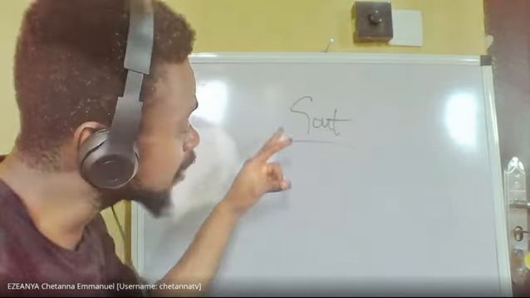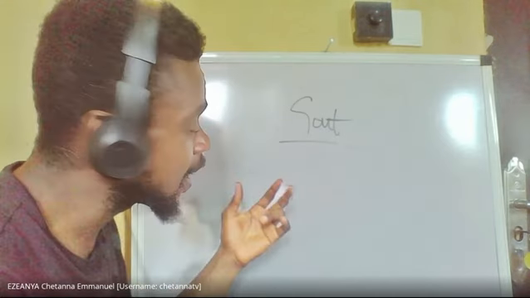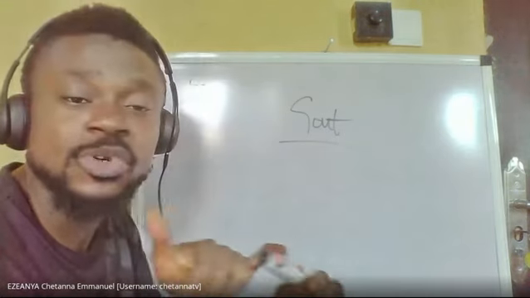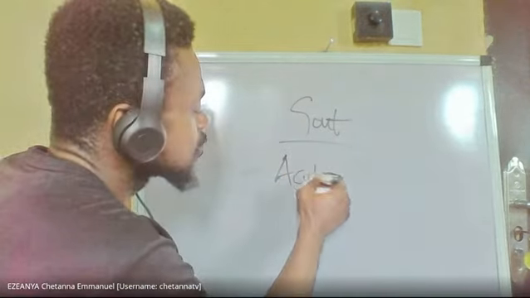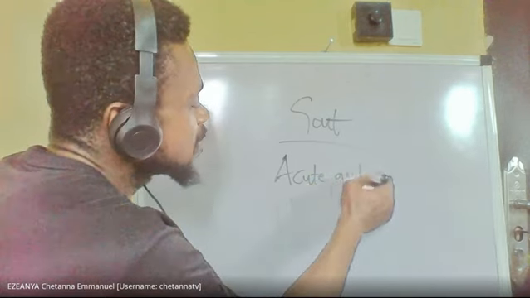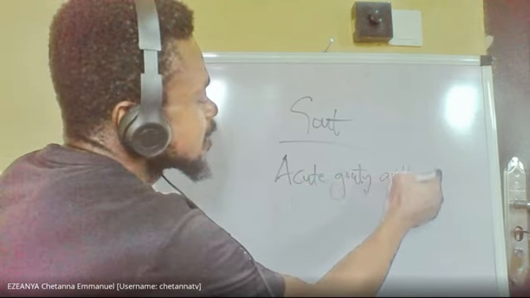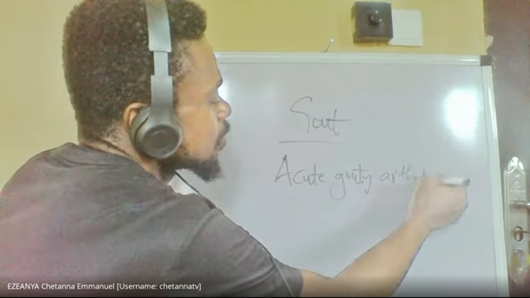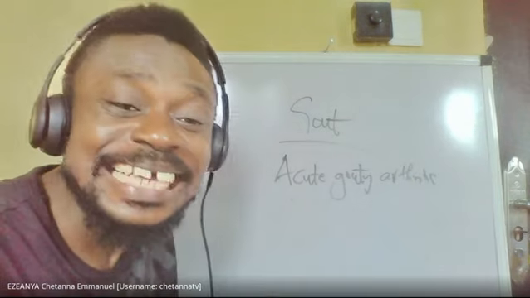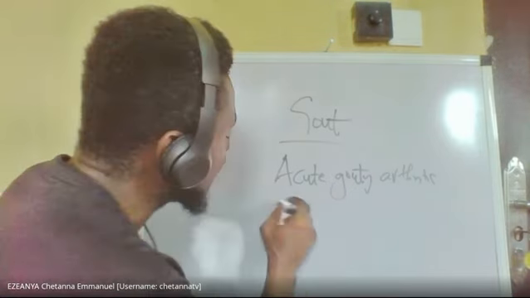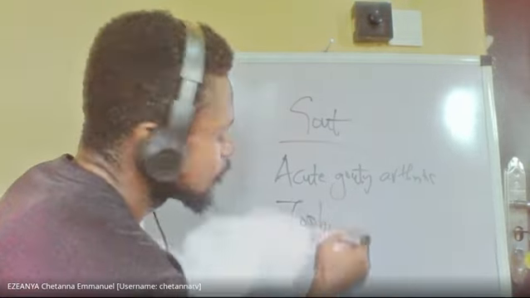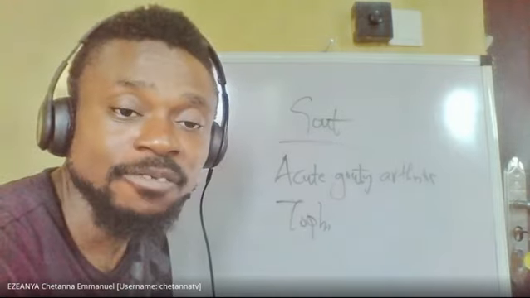Gout is manifested as acute gouty arthritis. It is also manifested as tophi in the joints and soft tissues.